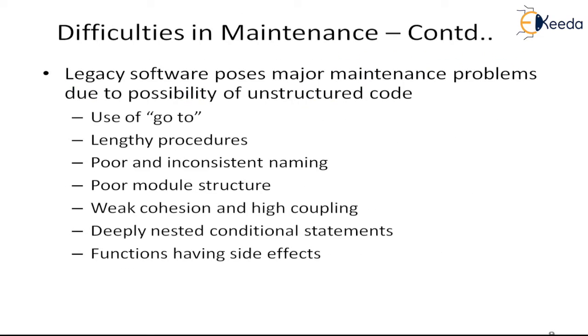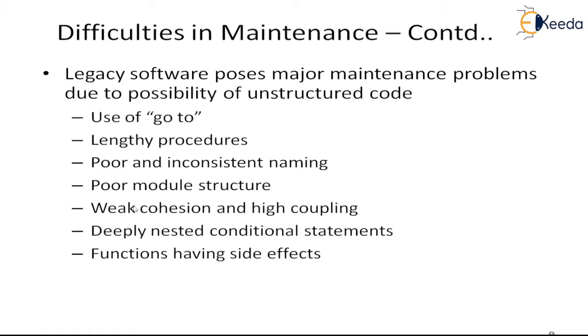Also, there will be legacy software. What is legacy software? That means something which was written a few years back. Currently, if you say legacy, then it is something which was possibly written in the 1900s. And at that time, whatever was the way of writing, maybe there is unstructured code and lengthy procedures, inconsistent naming conventions, module structure is not proper, and in cohesion and coupling, there is weak cohesion.